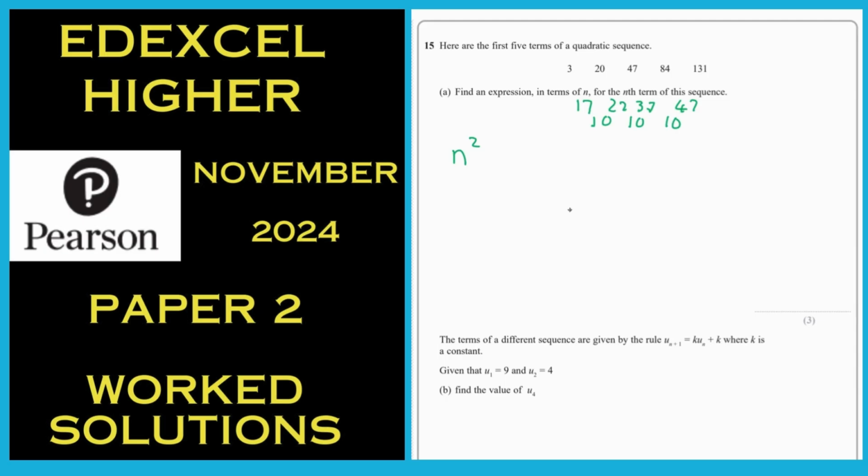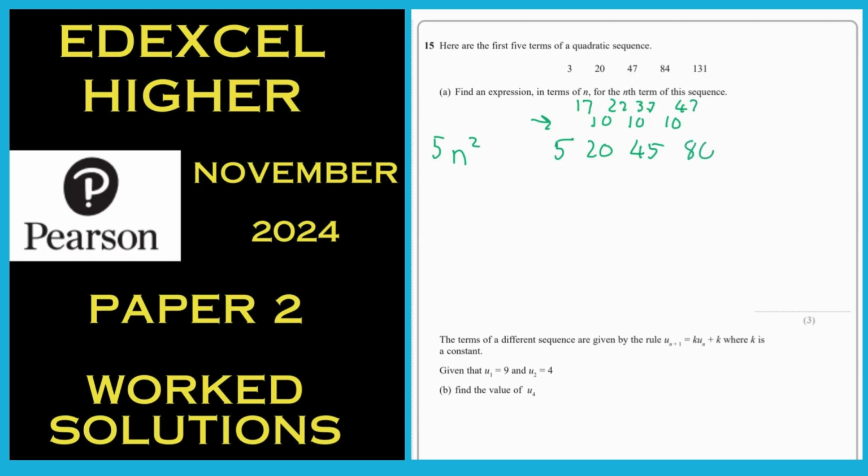If you get a constant at the second difference, it's an n squared sequence, but whatever digit you get here, it needs halving. I always prefer to write out this sequence directly underneath, so we need our square numbers, but times them all by 5. So 1 times 5, 4 fives, and so on.